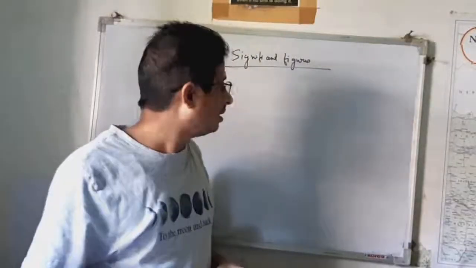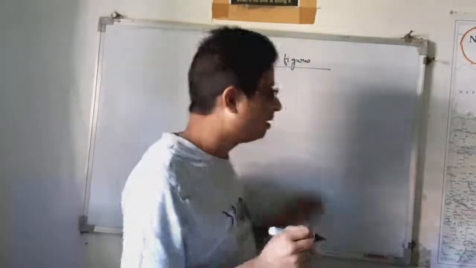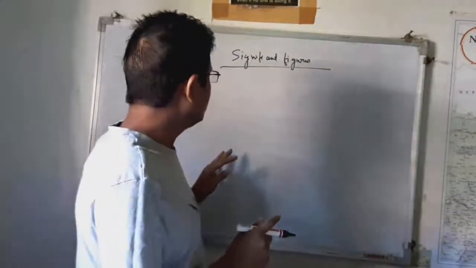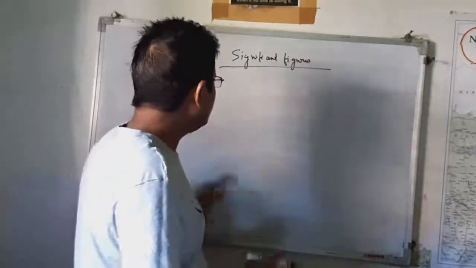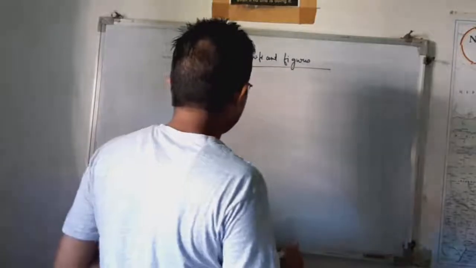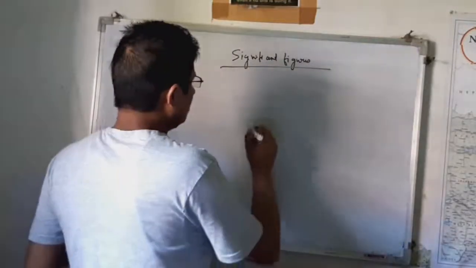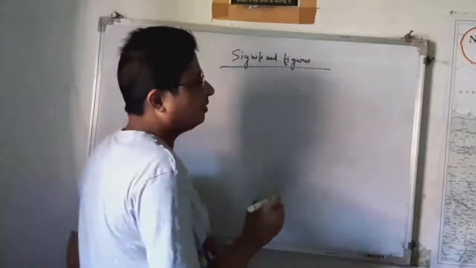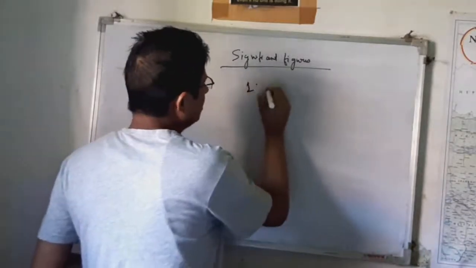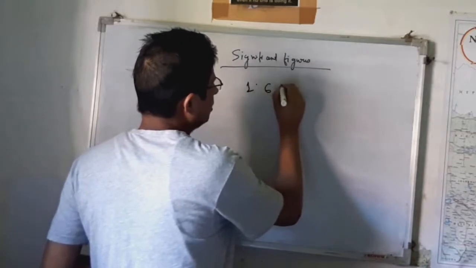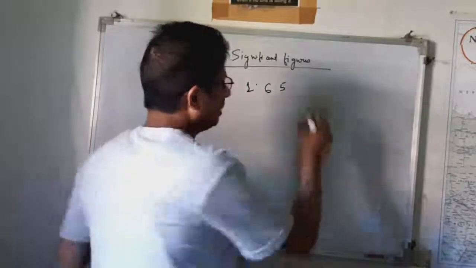Let me explain what significant figures are through some examples. Suppose I want to measure the time period of a pendulum. The time period of the pendulum, let's say, is 1.65 second.